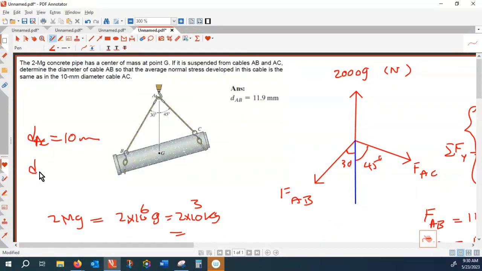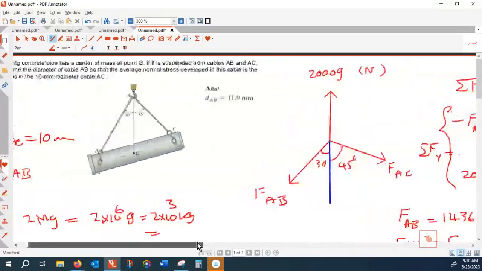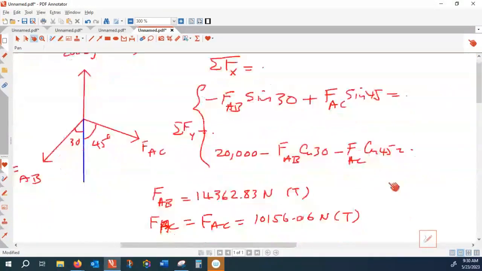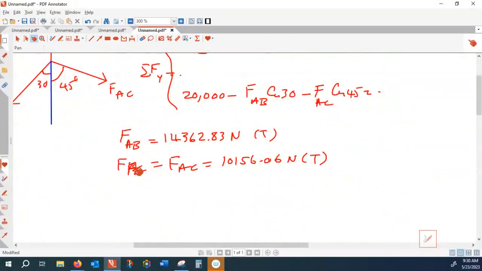But you don't know the diameter of AB. So we want to calculate the diameter of AB. If AC is 10 millimeter, you have to write this like that. You want to have sigma AB equal to sigma AC.